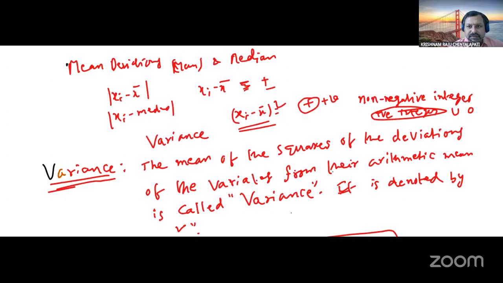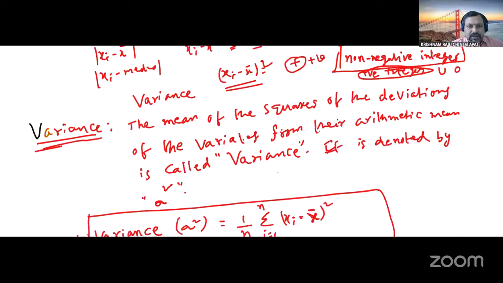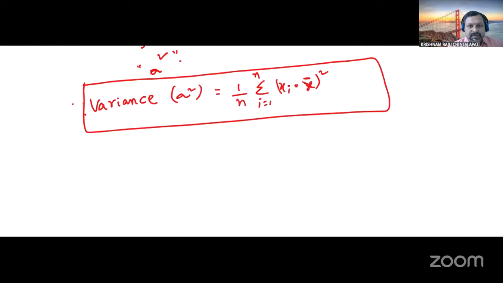That is the difference between positive integers and non-negative integers. If you find xi minus x bar whole square, maybe you get 0 also. So variance is read as sigma square. Sigma square equals 1 by n times summation i equal to 1 to n xi minus x bar whole square.